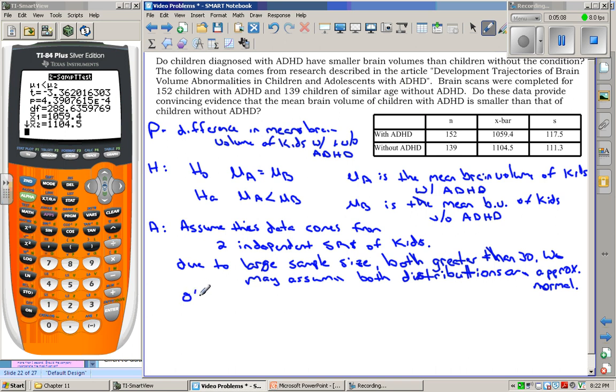The sigmas are unknown. And this is a two-sample t-test for difference in means.